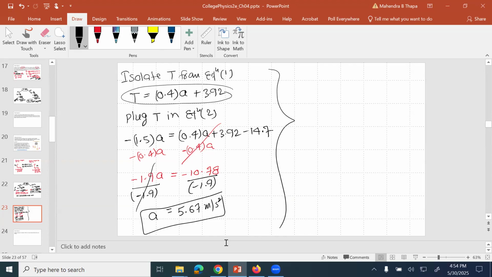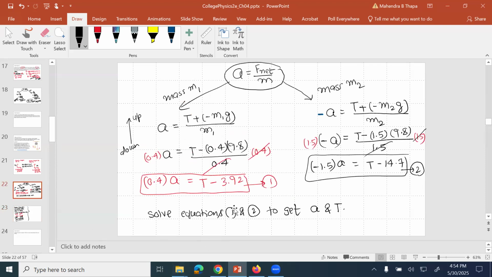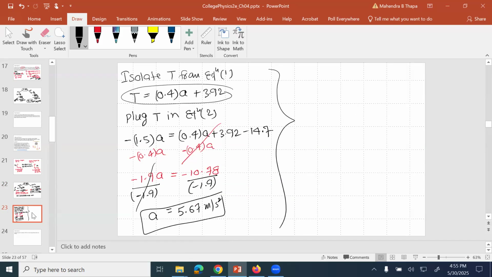Now you can plug the value of A into either equation 1 or equation 2. I just choose equation 1.